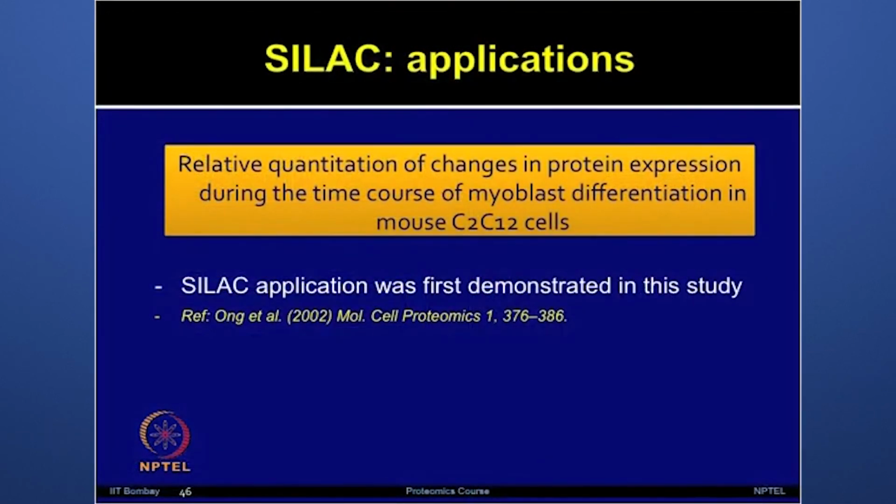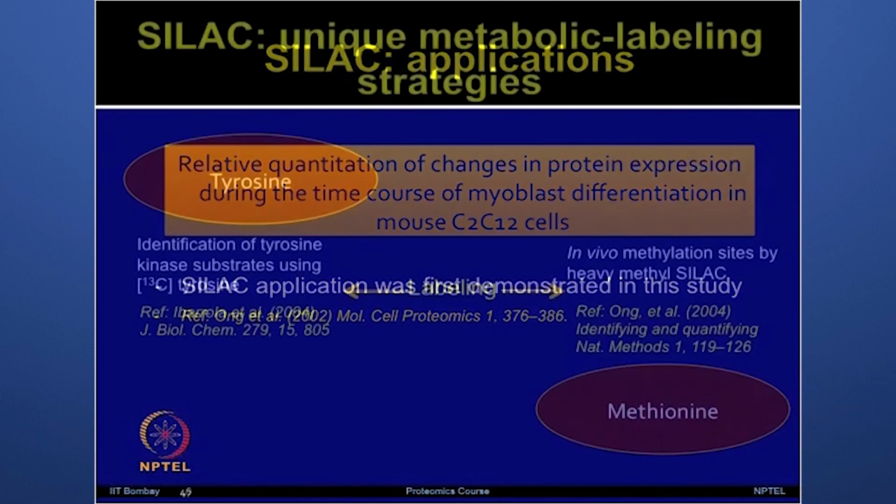Ong et al. in 2002 published a paper in Molecular and Cellular Proteomics, which was the first SILAC application demonstrated, where they used the relative quantitation of changes in protein expression during the time course of myoblast differentiation in mouse cells.